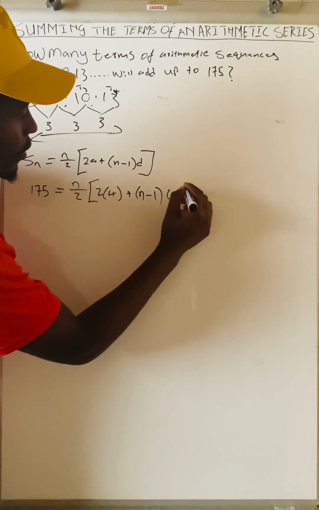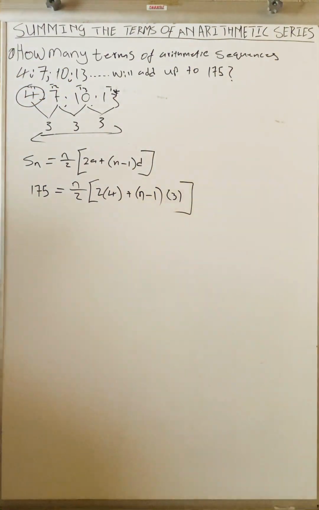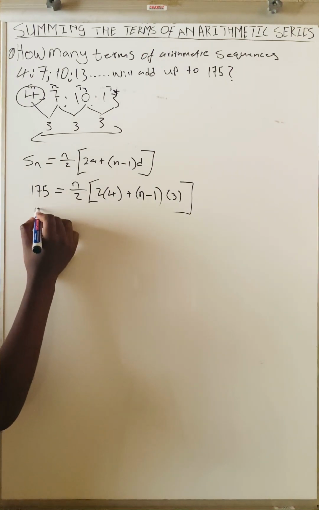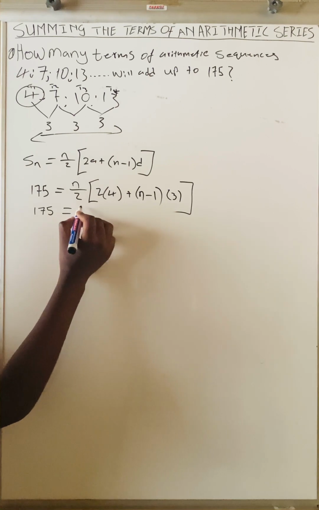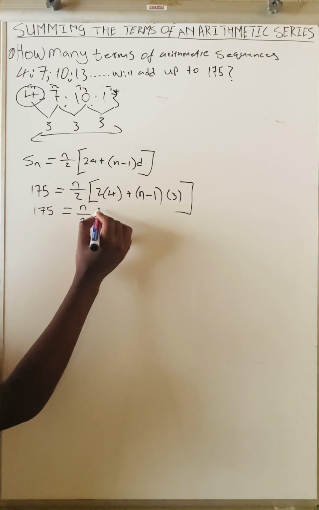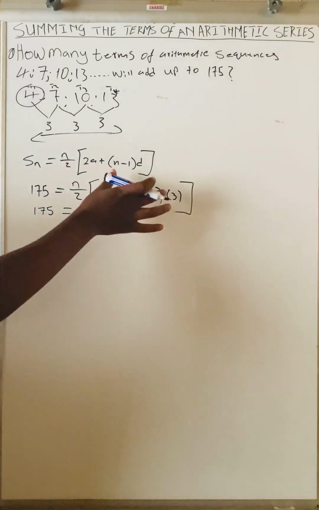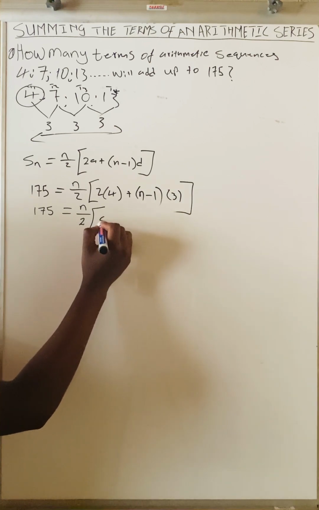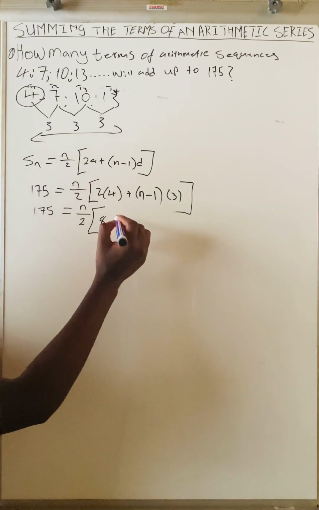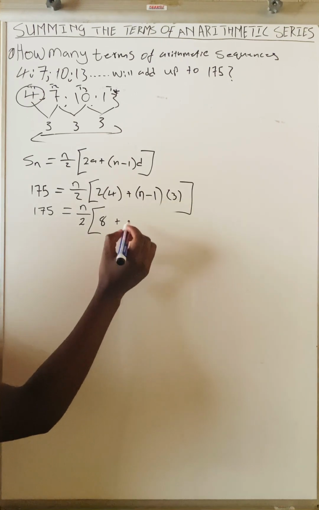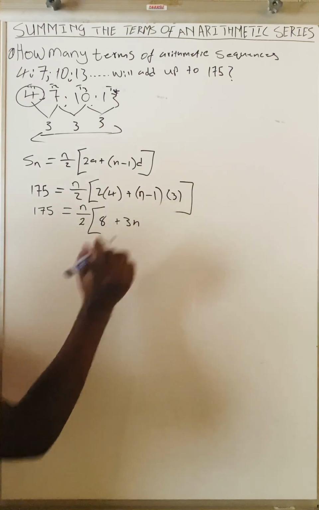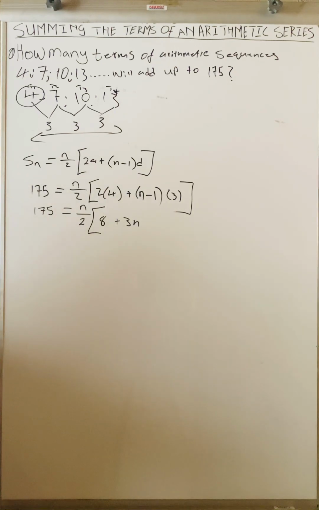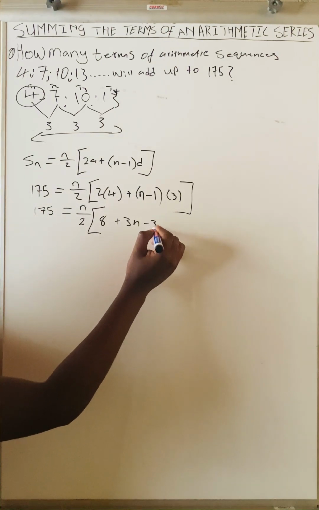Then from here, it's just simple maths. You write 175 is equal to n over 2, then we deal with the bracket. 2 times 4 is 8. 3 times n is 3n. 3 times negative 1 is negative 3.